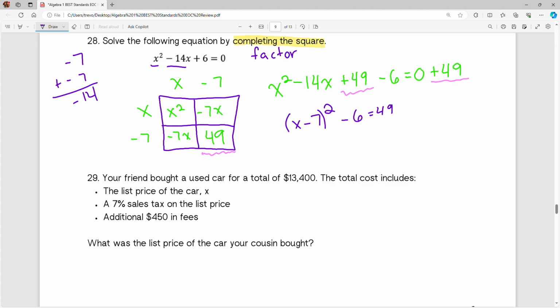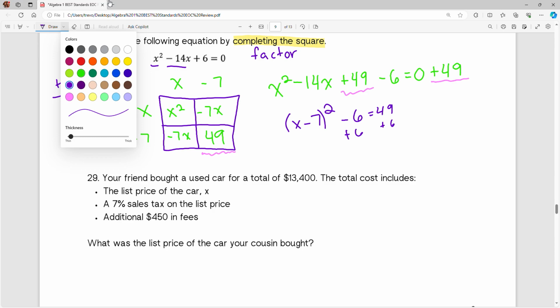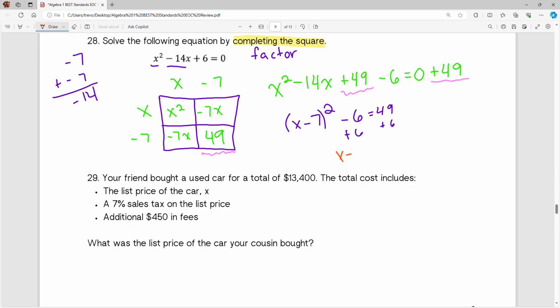Now I want to get this minus 6 over to the other side, to give me plus 6. So I've got x minus 7 squared equals 49.